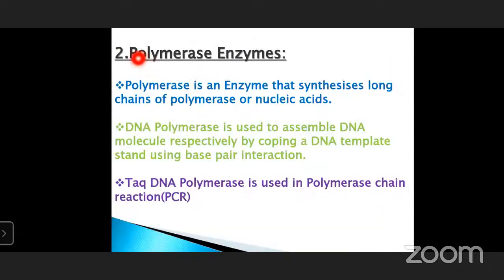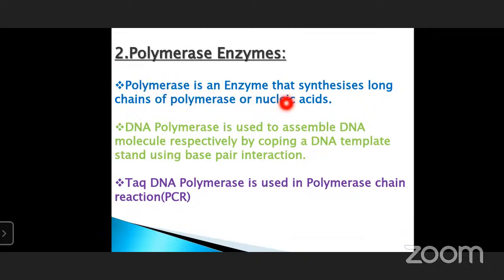Next, coming to the second tool, polymerase enzymes. The first tool, the restriction enzyme, is completed. Polymerase is an enzyme that synthesizes long chains of polymers of nucleic acids. Polymerase enzymes play an important role in recombinant DNA technology.